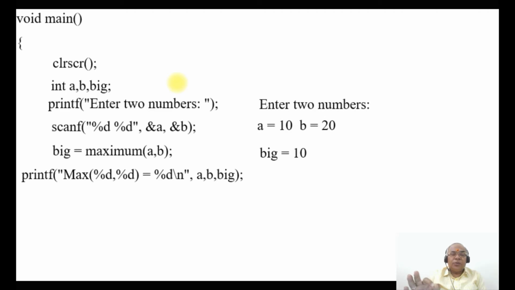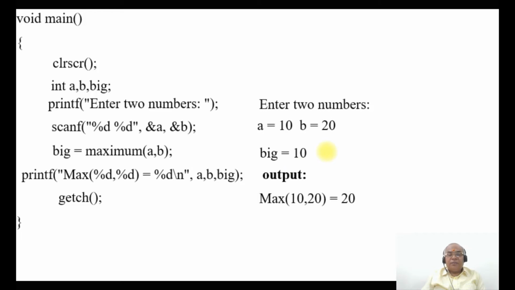It takes the value of A, 10, and the value of B, 20, and the big value is written at the end. The output will be maximum of 10 comma 20, which is equal to 20.